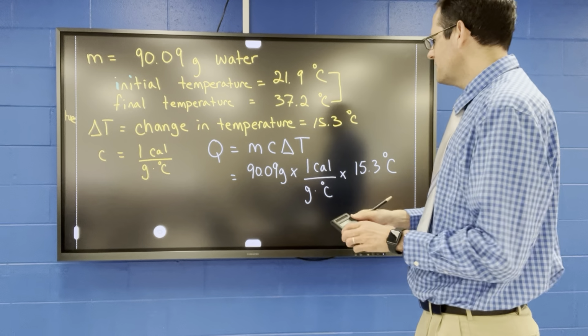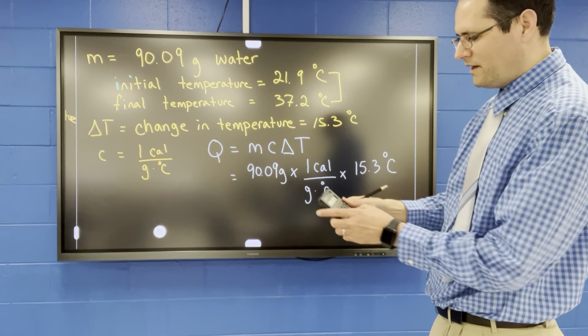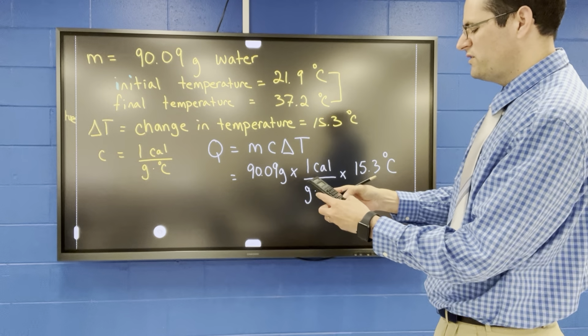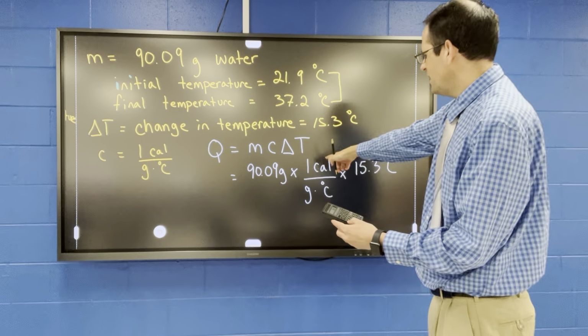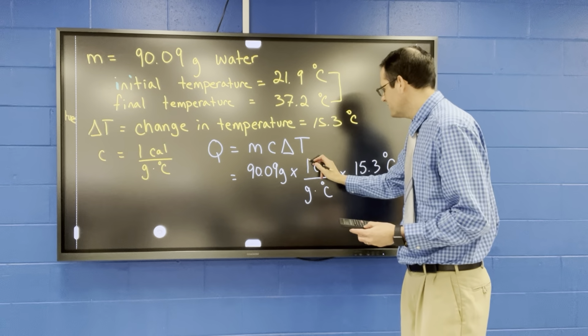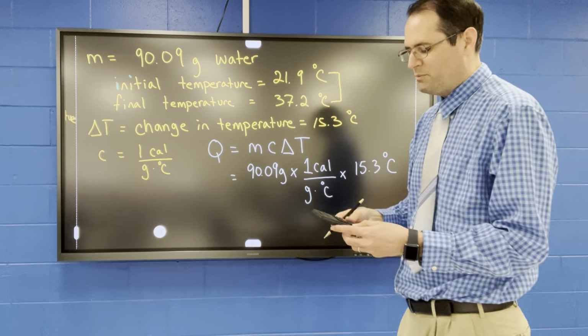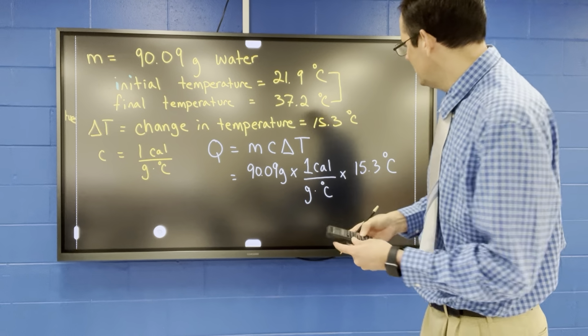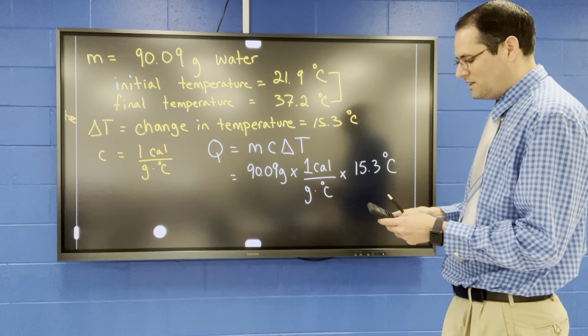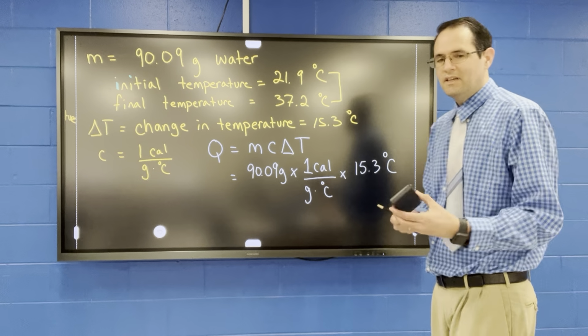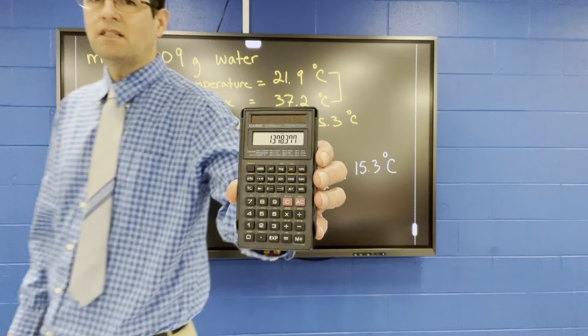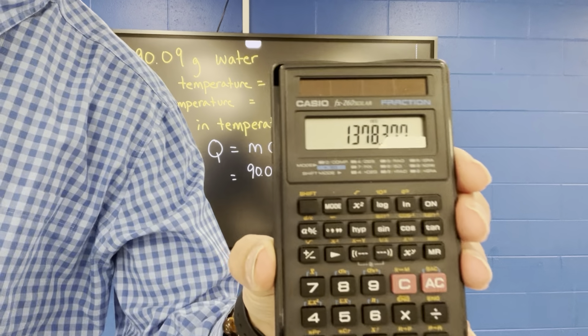So with our calculator now, we can take these numbers and multiply them, okay? So 90.09 times, we're just going to multiply by 1 here, right? Which means the value doesn't change on your calculator. And then multiply by 15.3. And what you get is a result like this, okay?